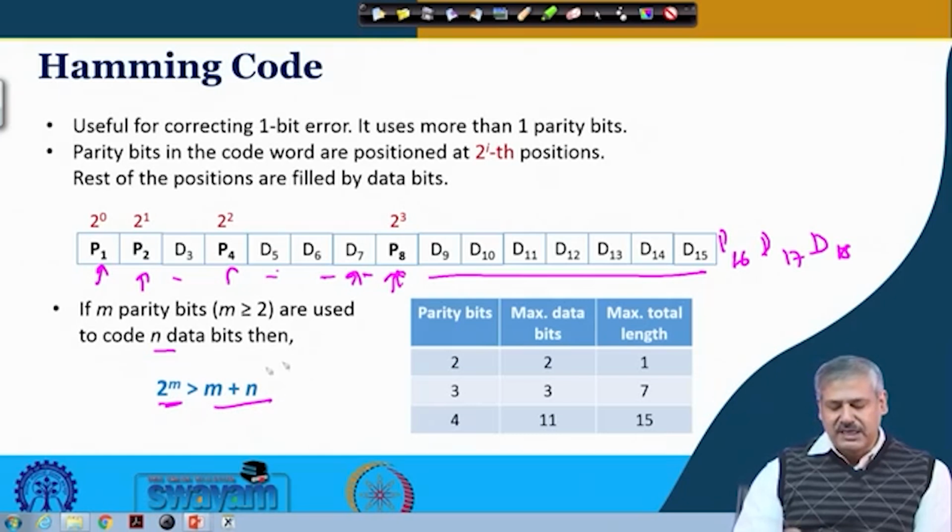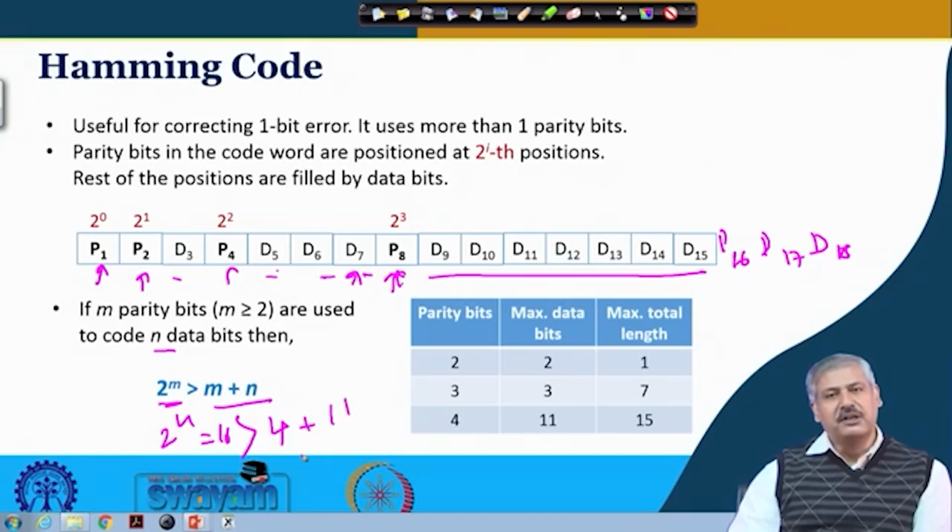Here, 4 parity bits are there, P1, P2, P4, P8, so m is 4. 2 to the power 4 is 16, which needs to be greater than m, which is 4, plus n. So, here n can go up to 11, so the code word goes up to 15, because at the 16th position another parity bit will come. This is what we can see over here.